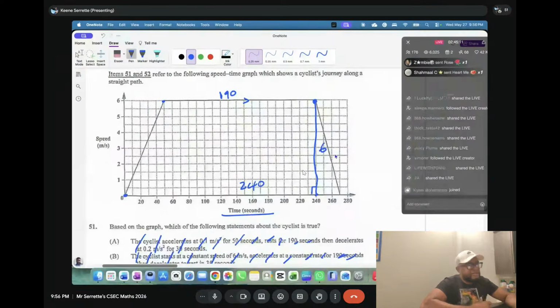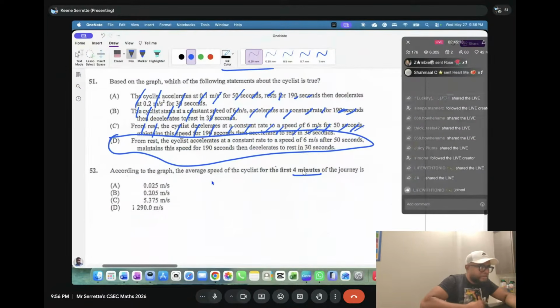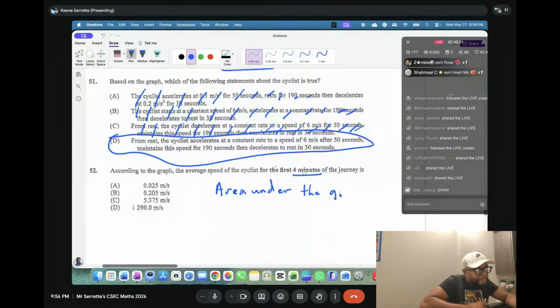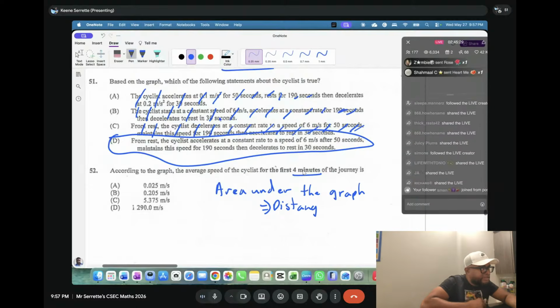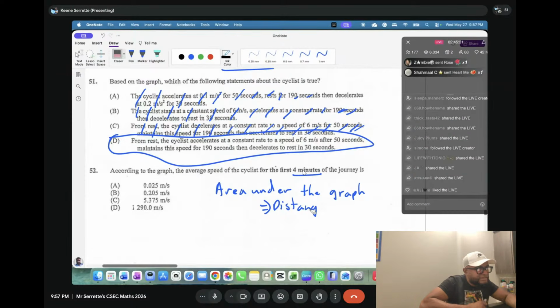6. Good. So the area under the graph is the distance.